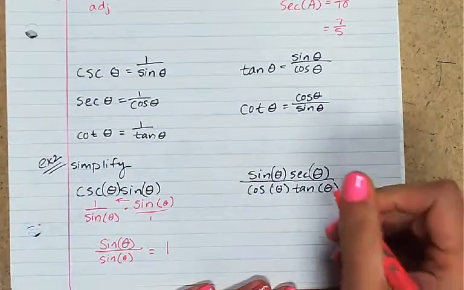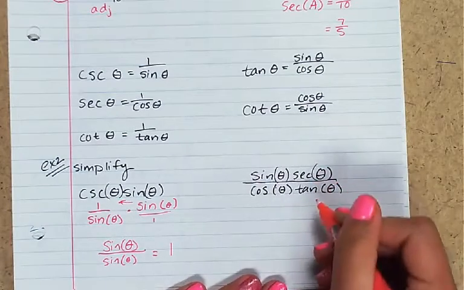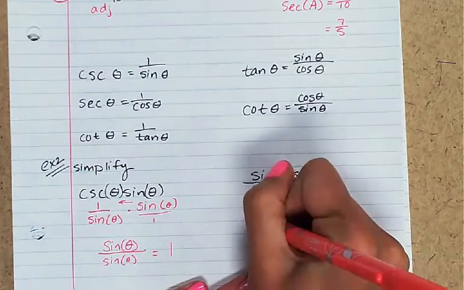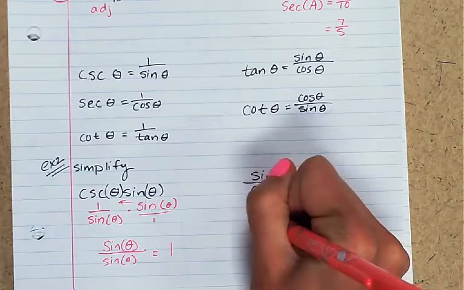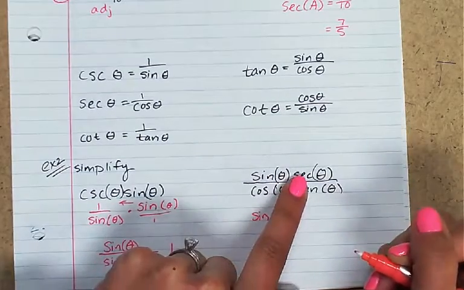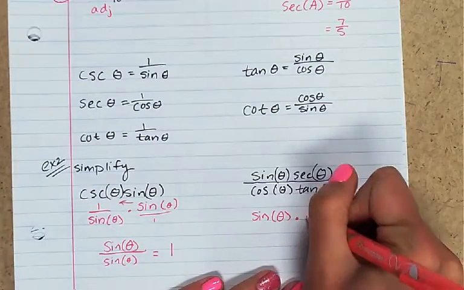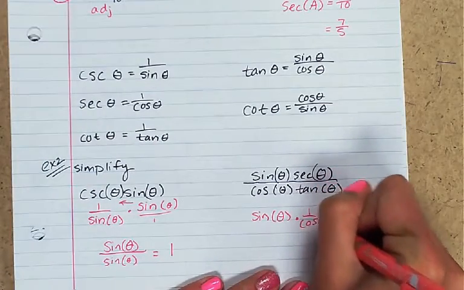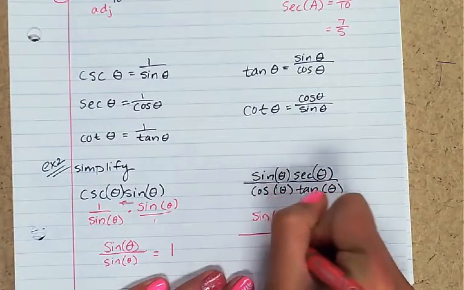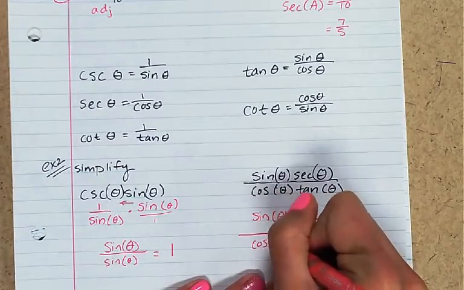The second one has a little bit more going on. So let's rewrite the things we can in terms of sine and cosine. I'm going to leave this sine alone, but I'm going to change the secant. Secant is the same thing as 1 over cosine. And then in the denominator, I'll leave the cosine alone.